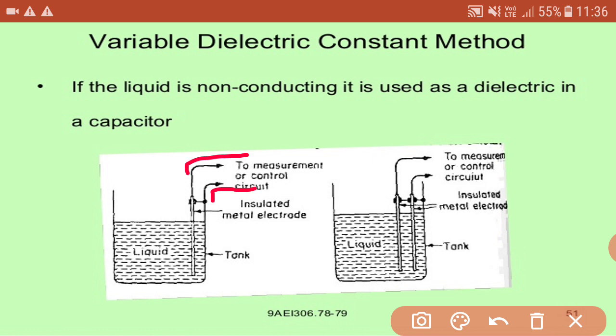And we can see some insulator in between these two electrodes. Now if the liquid is non-conducting, it is used as a dielectric in a capacitor.